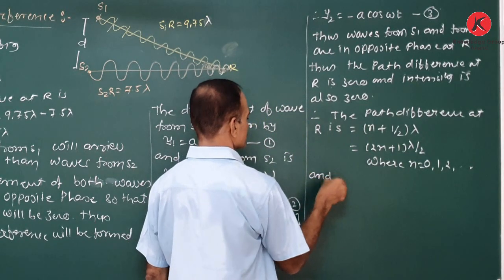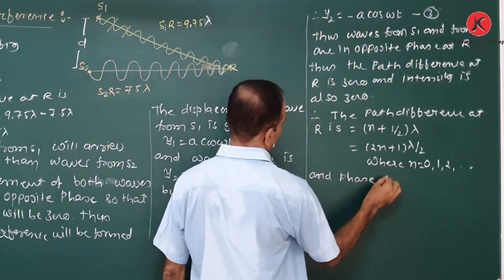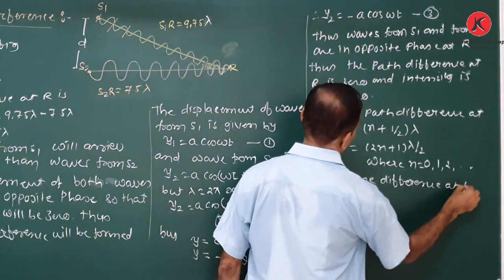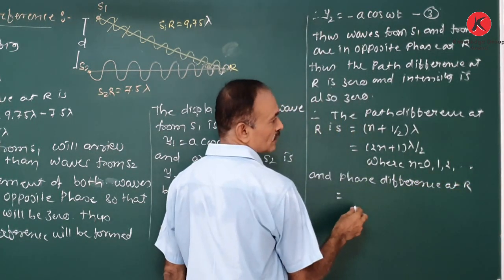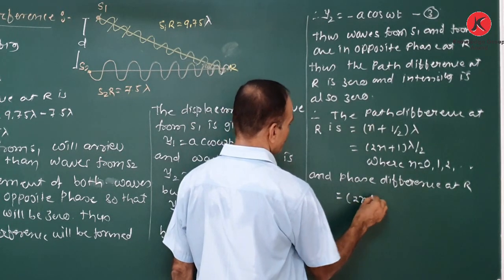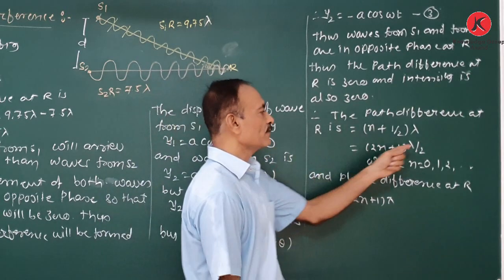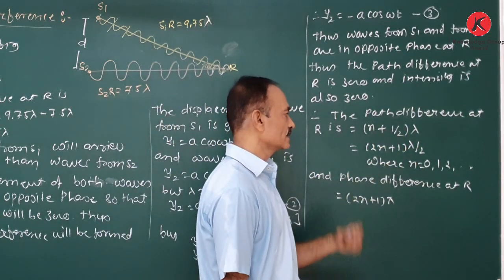And the phase difference at R is equal to 2n plus 1 into pi, since lambda is equal to 2 pi.